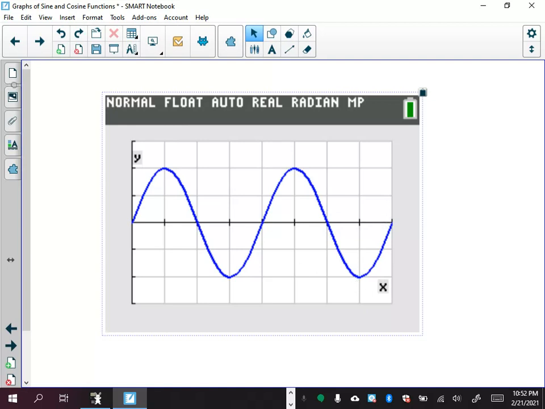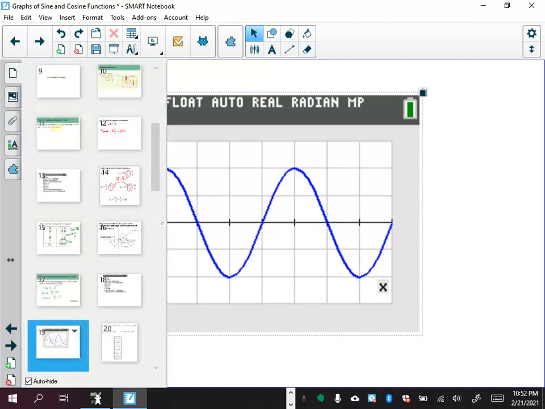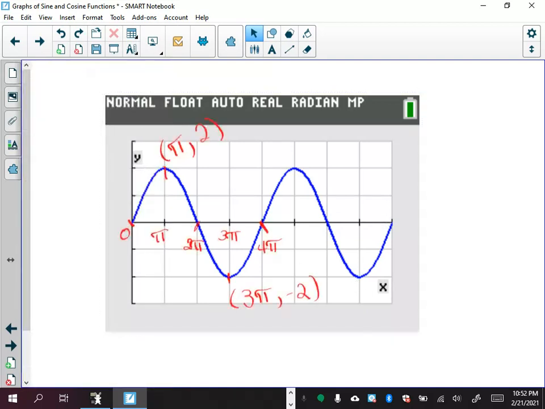Since I know all this stuff, I actually have all my 5 key points right here. So I don't have to do any of the math behind everything as long as I know how to read my graph. That's why it's important to make sure that your window is set up correctly, so you can have a nice view of this and see what's going on here.